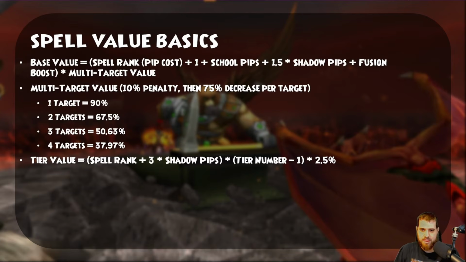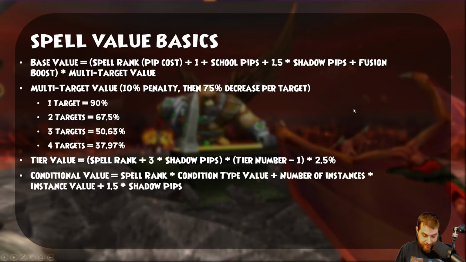Then comes the complicated part, which is conditional value. We'll go more into this in the spreadsheet, but very basically, you do your spell rank, which is why 0 pips don't get any, times the condition type value. What that means is there's a different value based on the kind of effect and the type of condition.